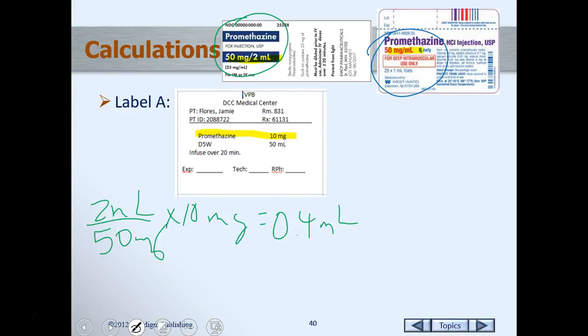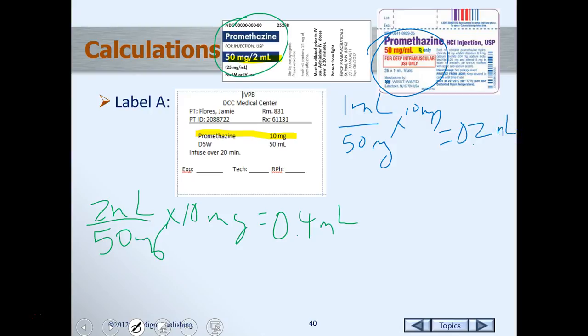Okay, now let's look at the other label and do the math for that. So this is 1 milliliter, contains 50 milligrams, and we need 10. So then we would need 0.2 milliliters.